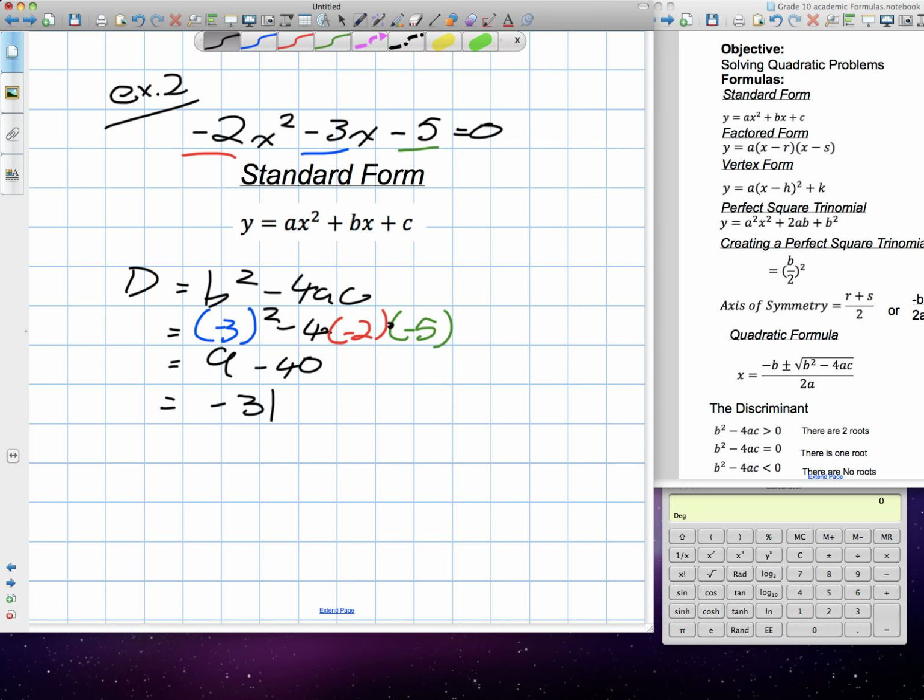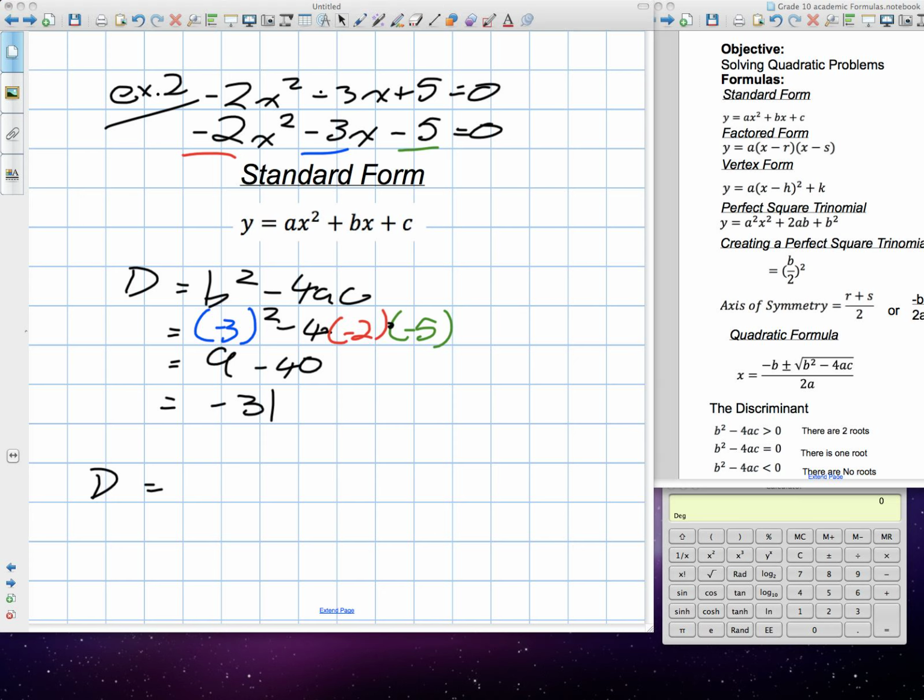Now let's say I change this equation just a little. -2x squared minus 3x plus 5 equals 0. It won't touch an x. So I've changed it just a little.